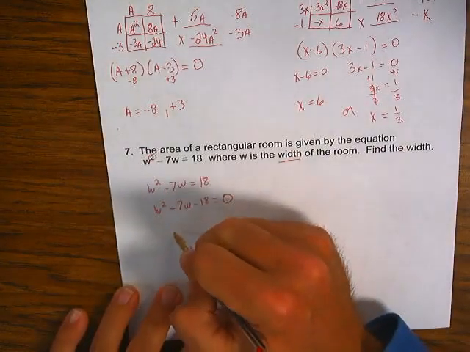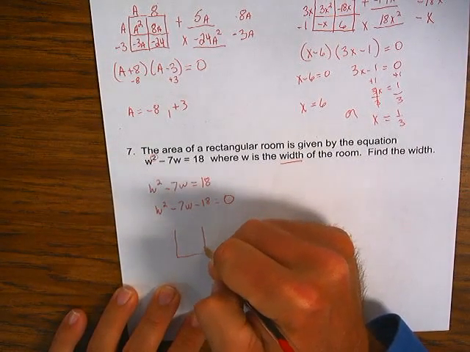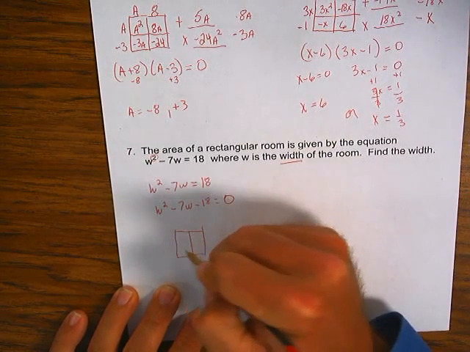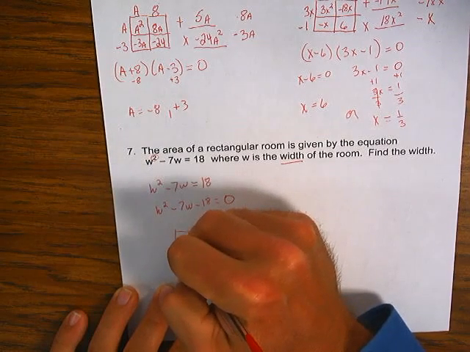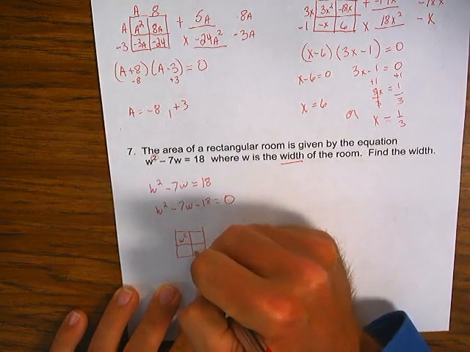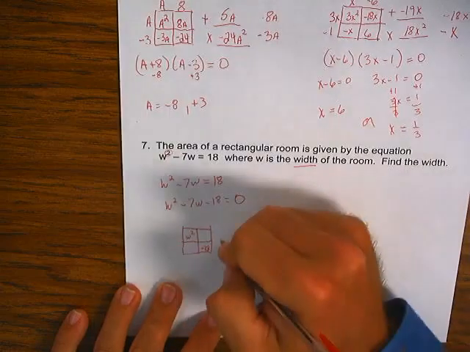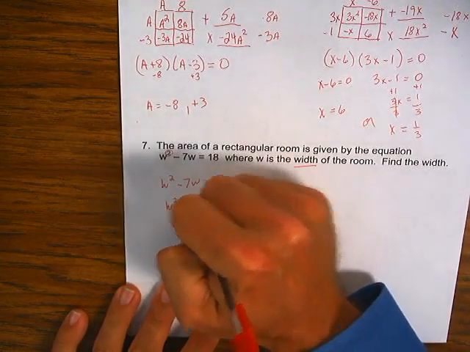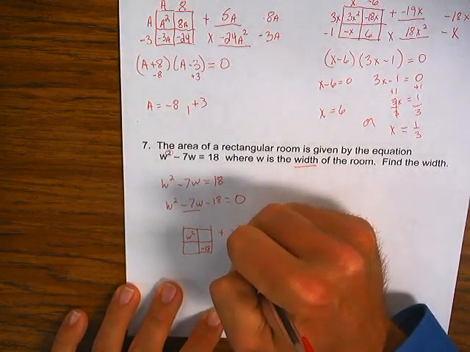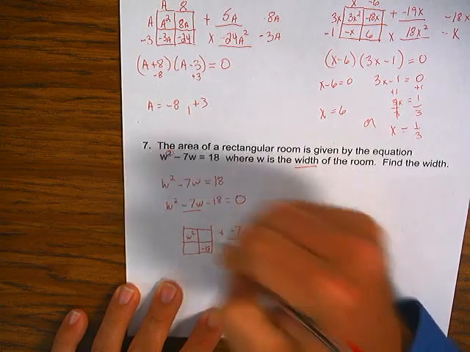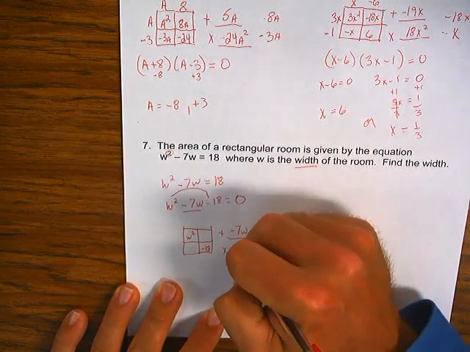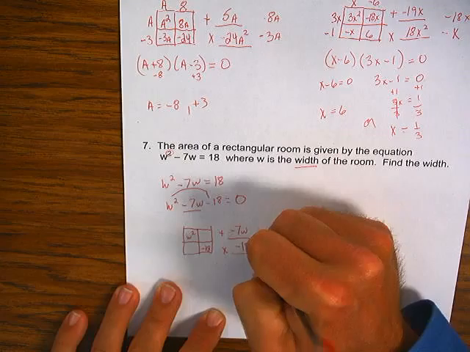Okay, let's factor. I have W squared, negative 18. Okay, they're going to add together to be negative 7W and multiply together to be negative 18W squared.